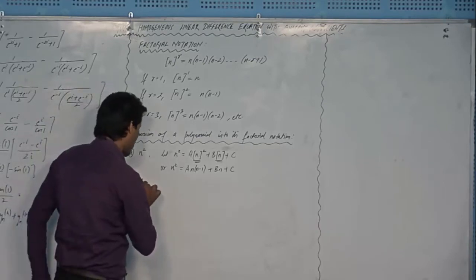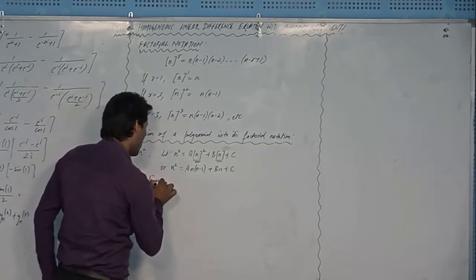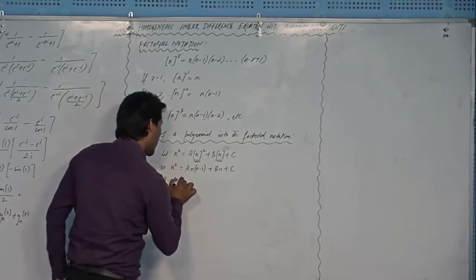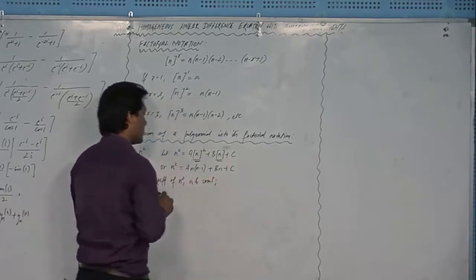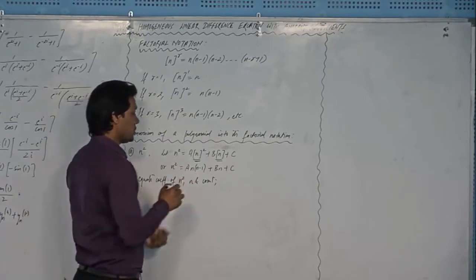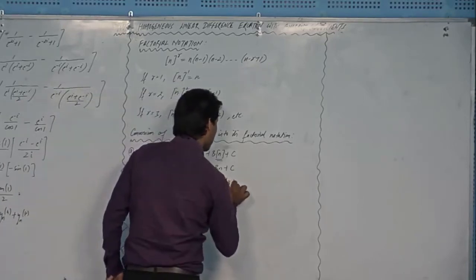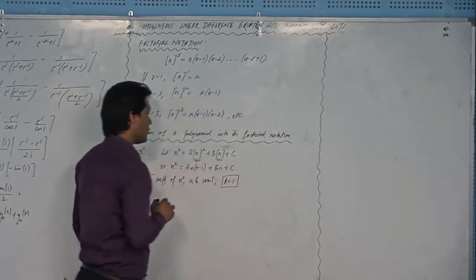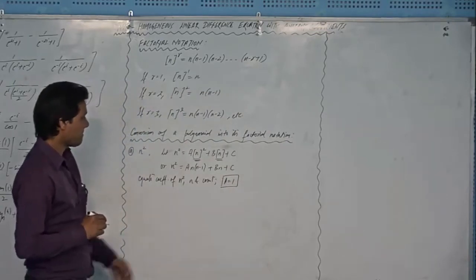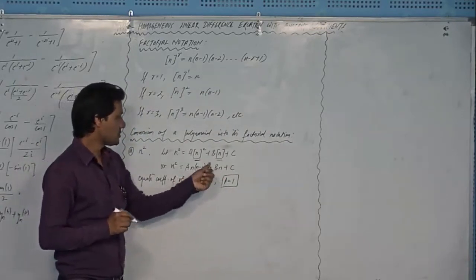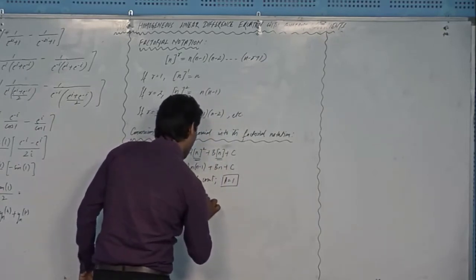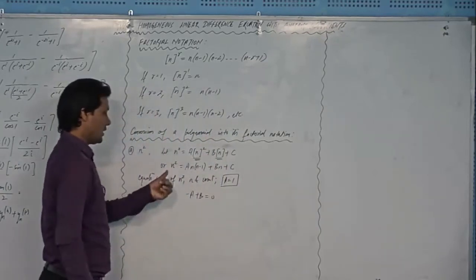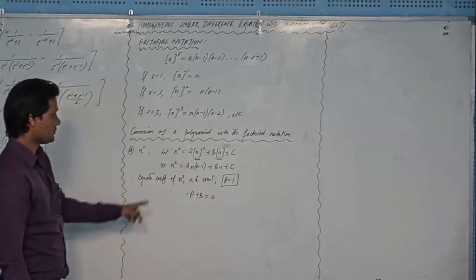If you equate the coefficients of n square, and then n, and then constants: equating coefficients of n square, you will get a equal to 1. Then equating the coefficients of n, you will get minus a plus b equal to 0, because the left hand side is not containing any n.